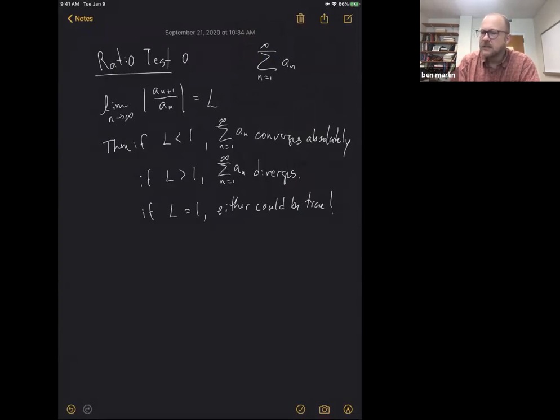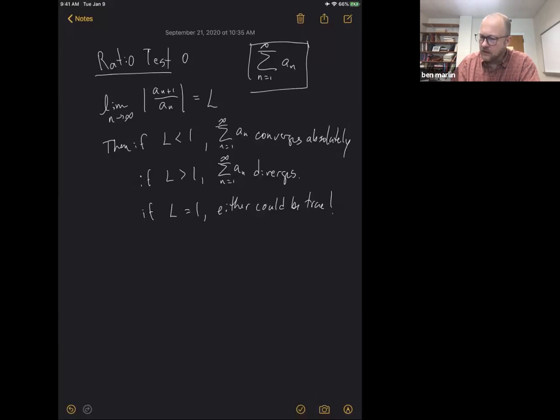So in any case, if you have your series and the formulas for the terms written out, you have to figure out how to write what a sub n plus 1 is.